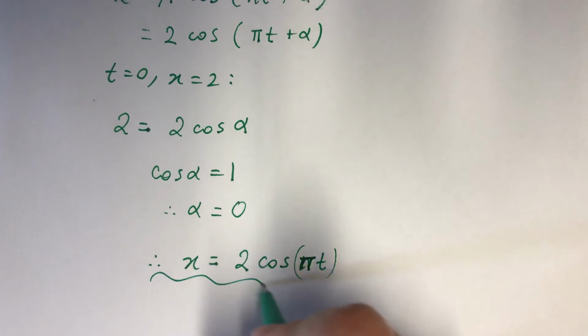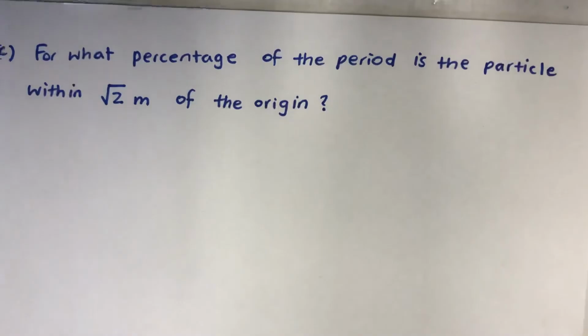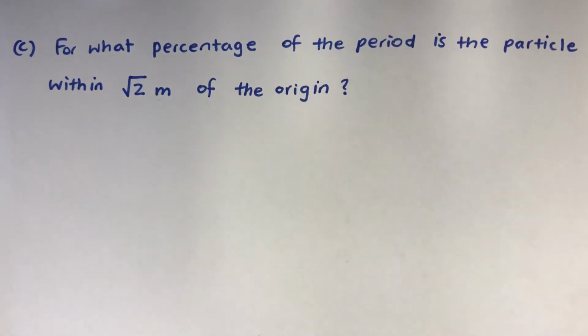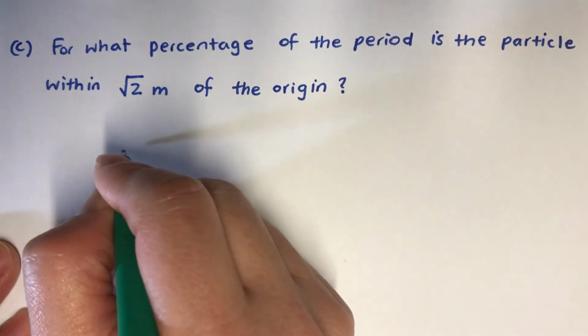All right, and the next one, part c. For what percentage of the period is the particle within root 2 meters of the origin? Okay, so what that means, let's have a look at the equation first.